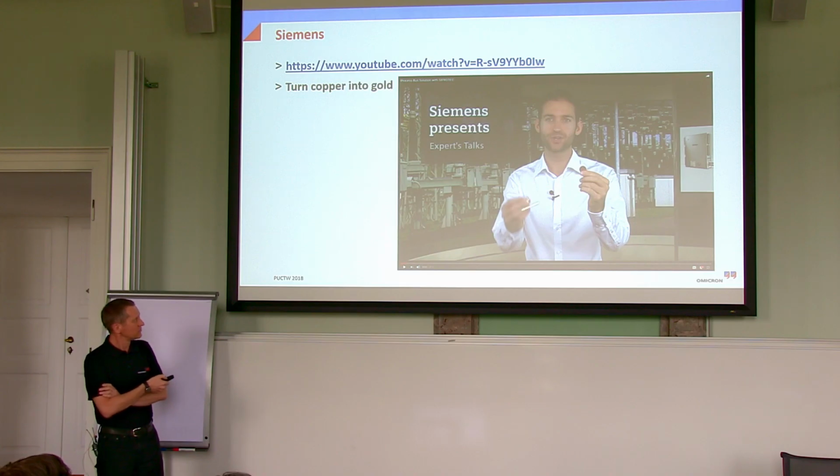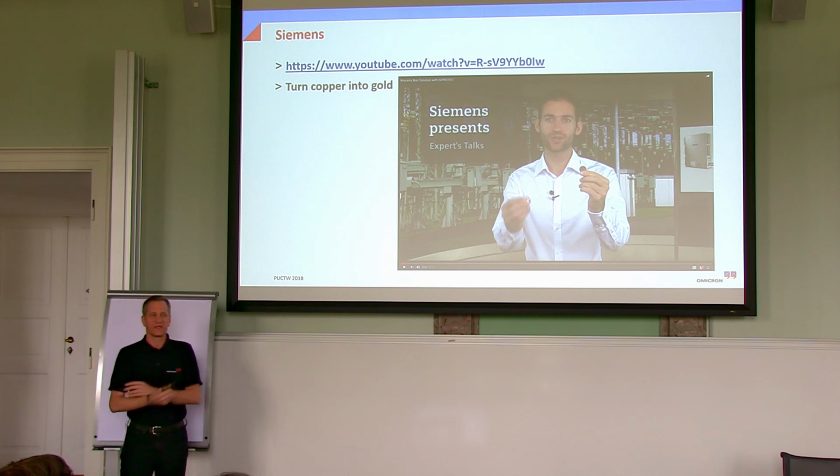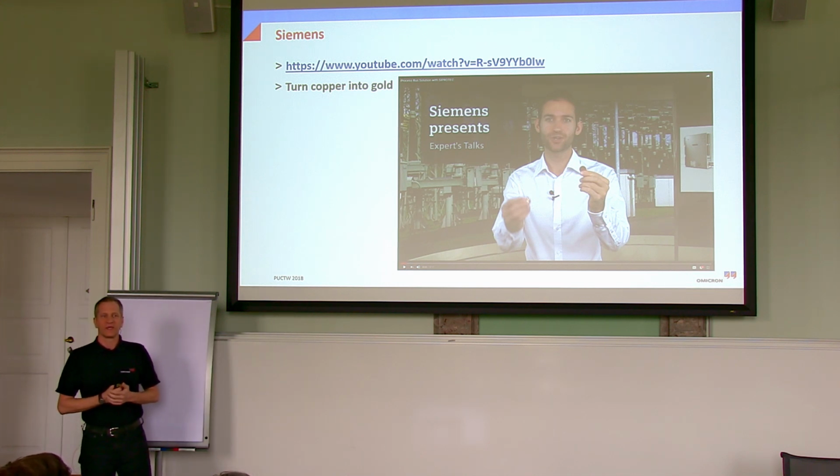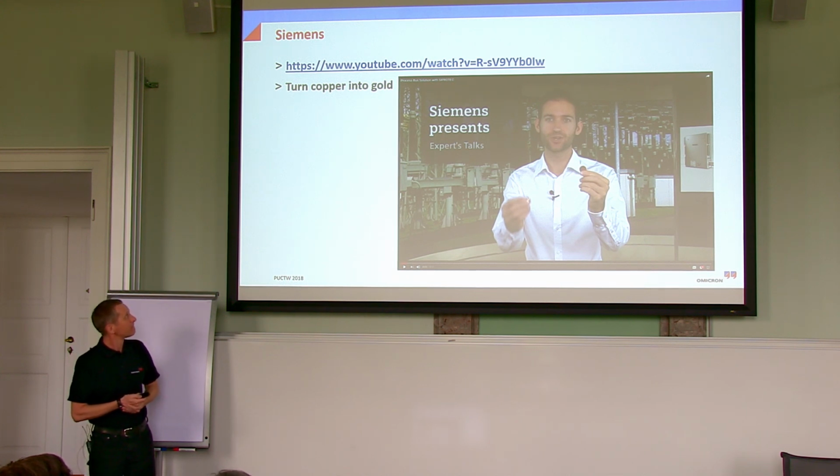Here he has these two coins in his hand, pointing out the copper that they are replacing by optical fibers, which they call the gold in this context. So also Siemens is emphasizing the benefits of saving wiring.